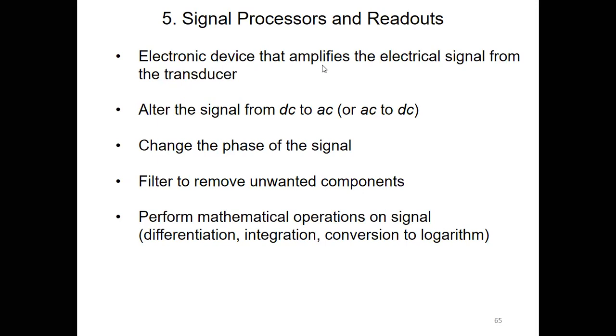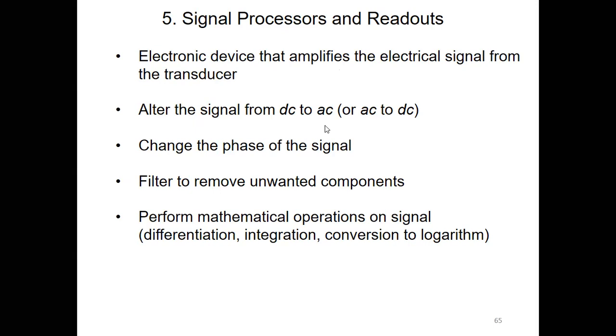Okay, so the electronic device that amplifies the electrical signal from the transducer. So signal processors also amplify the electrical signal. Suppose we don't have enough signal to detect, it also has some amplifiers, and those amplifiers will amplify the signal which is coming from the transducer, or it will alter the signal from AC to DC or DC to AC.